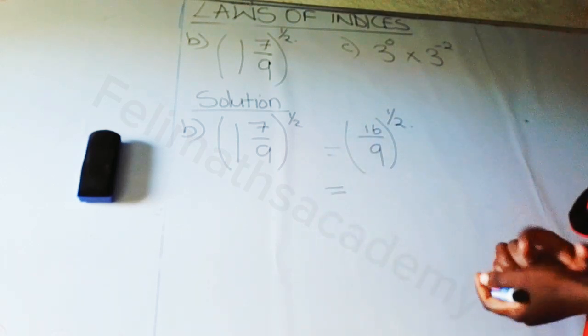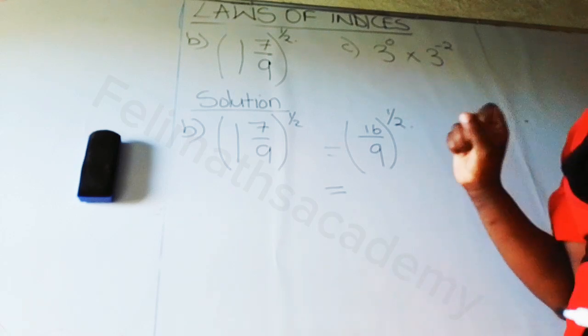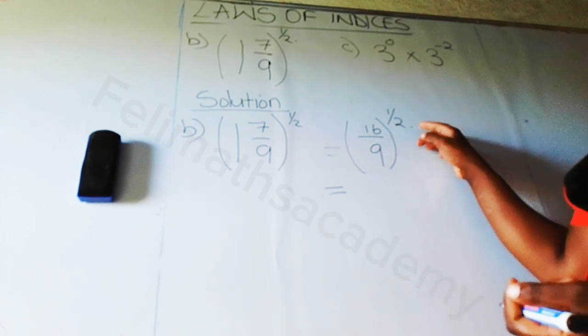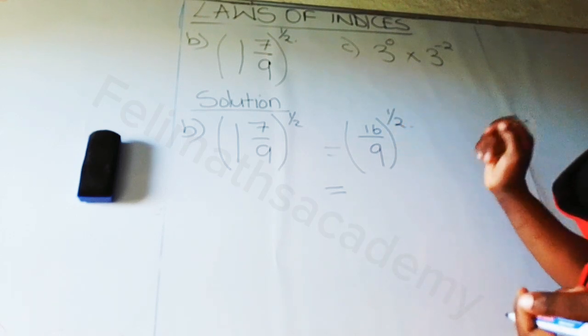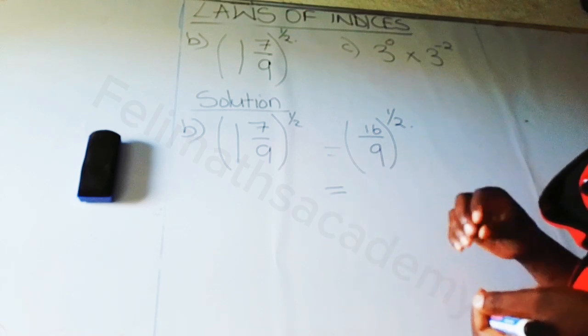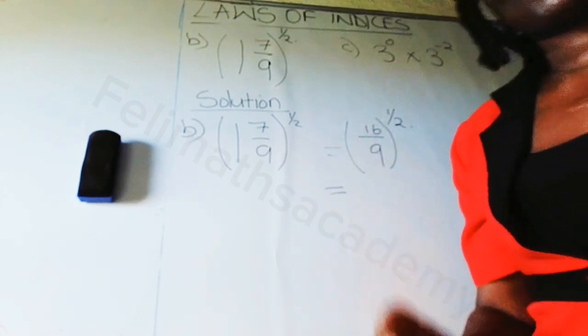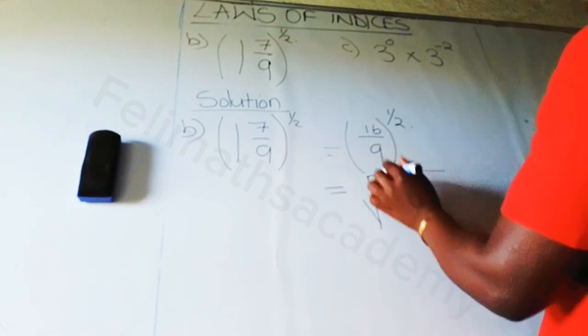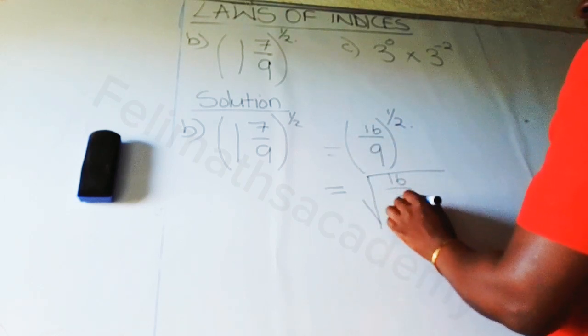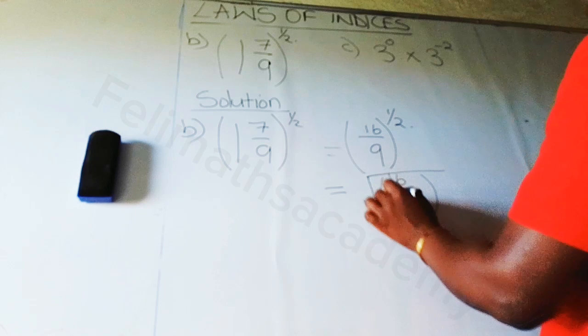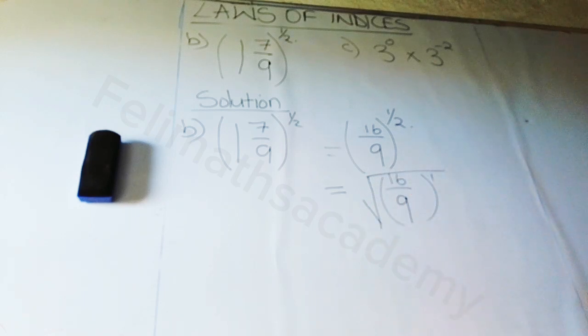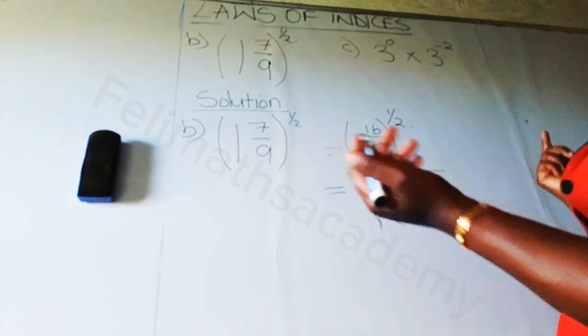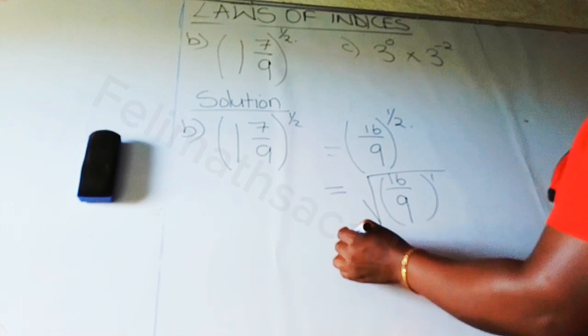Remember we said these are fractional indices, the power is a fraction. So this is the second root, which is the same as the square root of all this. 16 over 9 raised to the power 1 is just the same as 16 over 9.